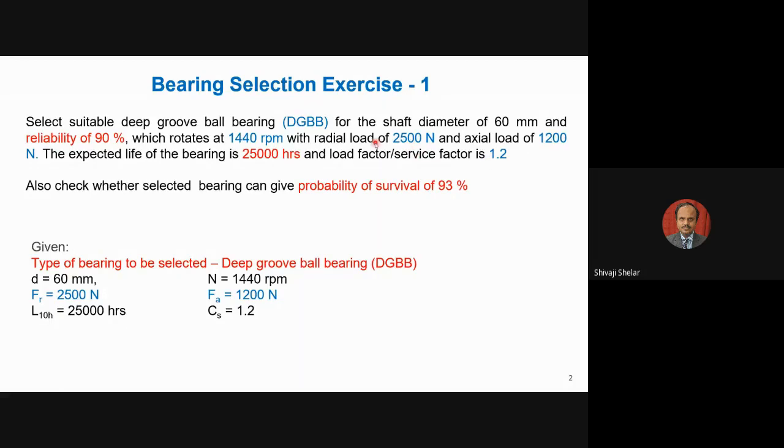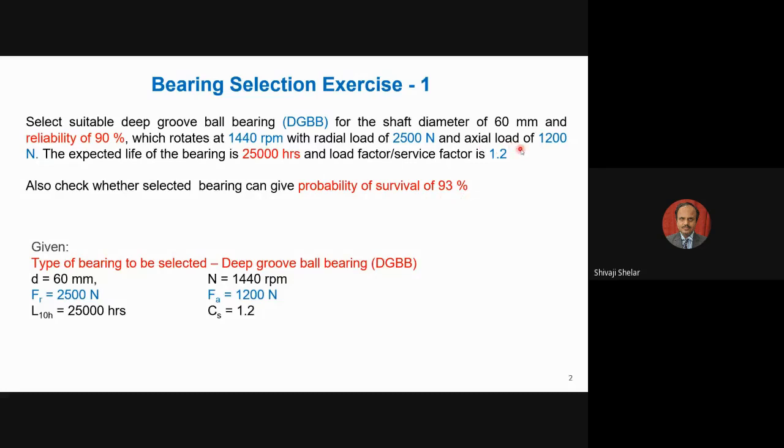So you have to design or select a bearing for this application. And after selecting that bearing, you have to also check whether the selected bearing can give a probability of survival of 93%. You are selecting for 90% probability, and you can also check whether the selected bearing can provide a probability of 93% or not.